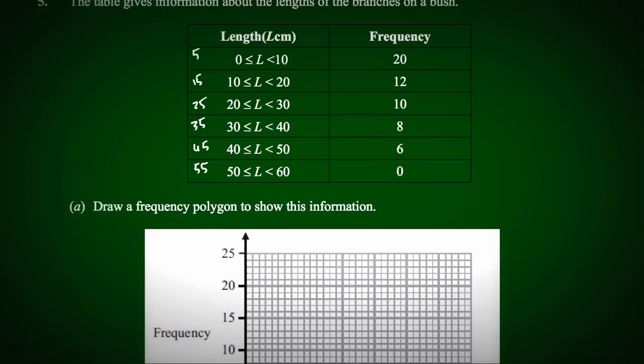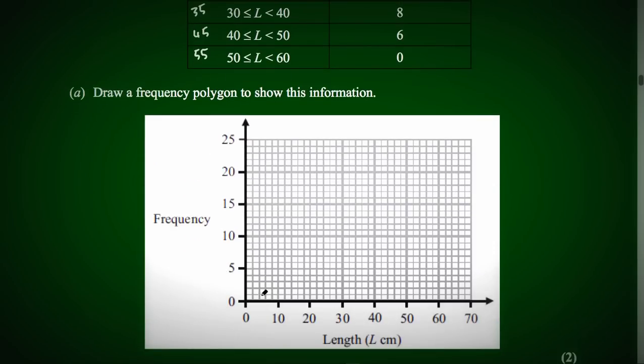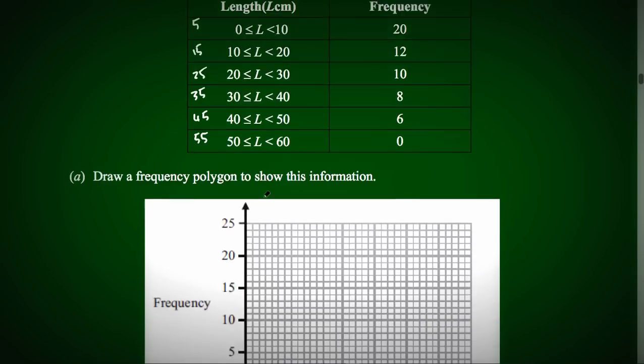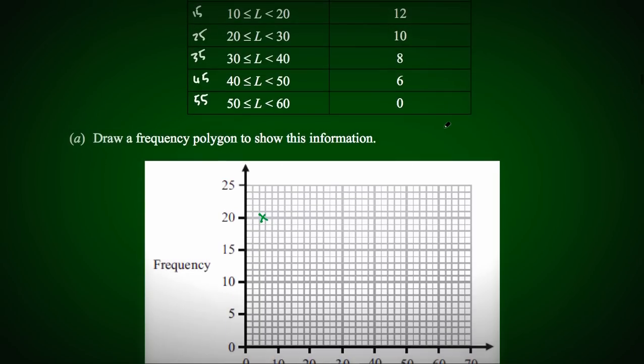So I'm just going to plot at 5, I'm going to plot 20. At 15, I plot 12, which is here, being careful of the scale. 12 is there. Each line counts for 1 unit in this case.